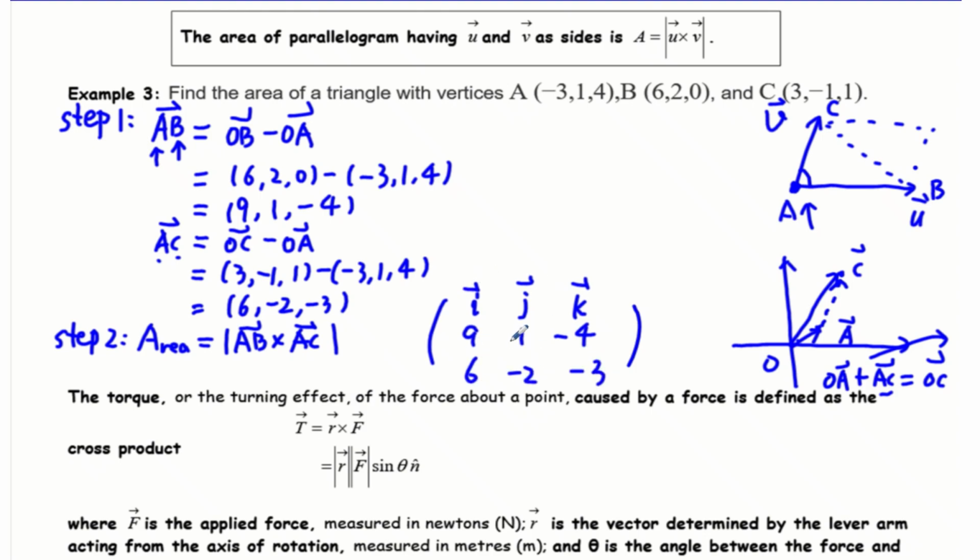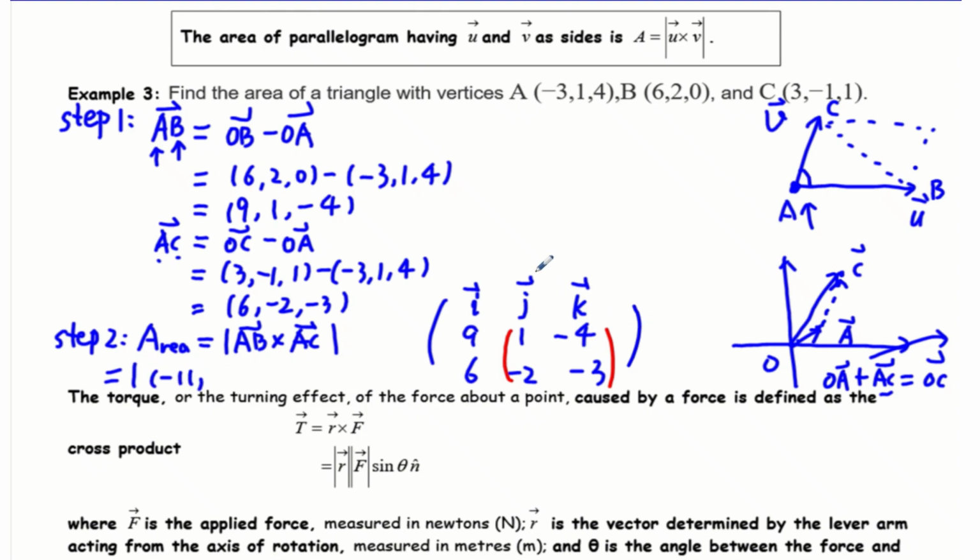For the i direction, it will be just this part, to find the determinant of this 2 by 2 matrix. So we are going to do the calculation. 1 times negative 3 minus negative 2 times negative 4 gives us negative 11. So I will just write it a little bit quickly. This cross product gave us negative 11.